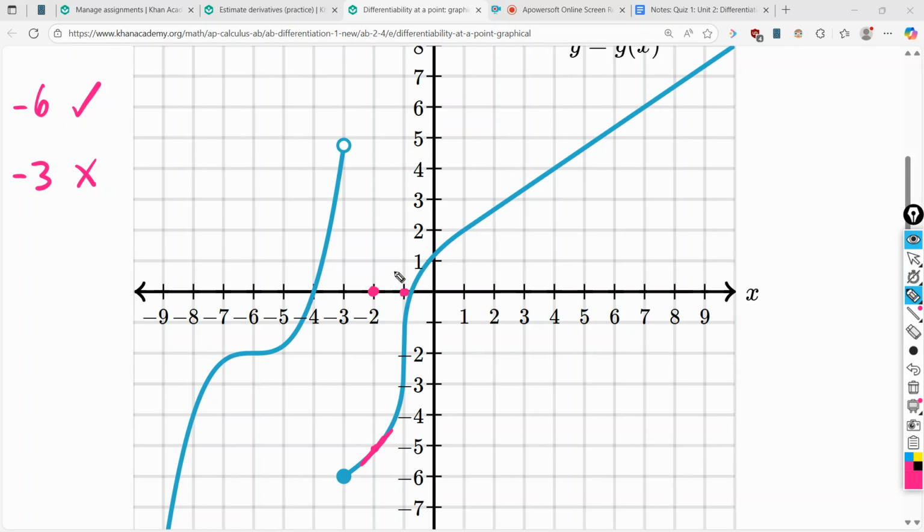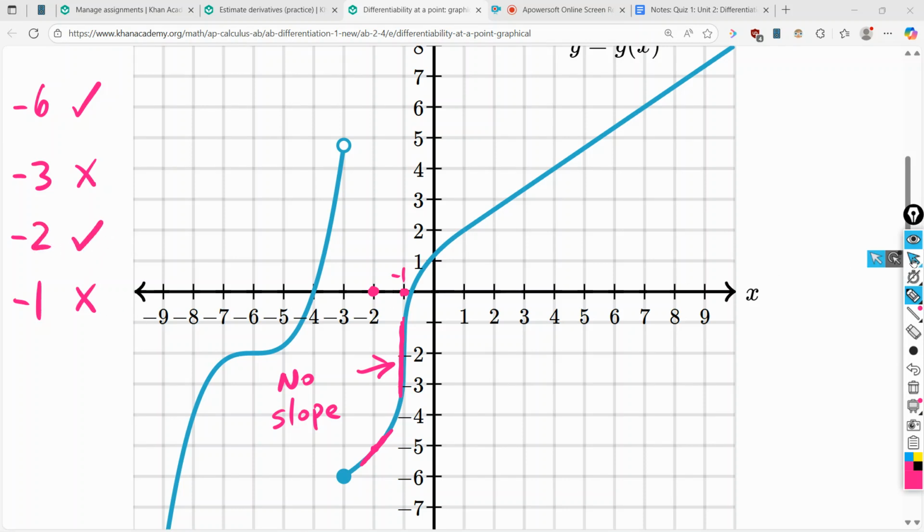However, here at -1, if we go to the graph here, that's vertical, okay? We said at the beginning, the vertical line has no slope. So at x equals -1, that's no slope. So we can't find the slope at -1, but at -2, we were okay.